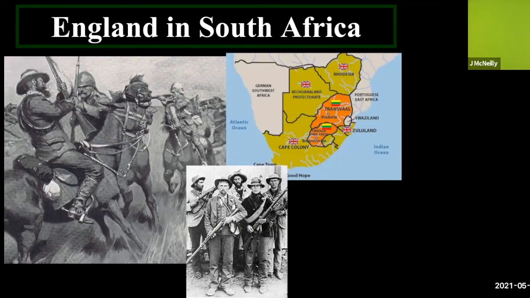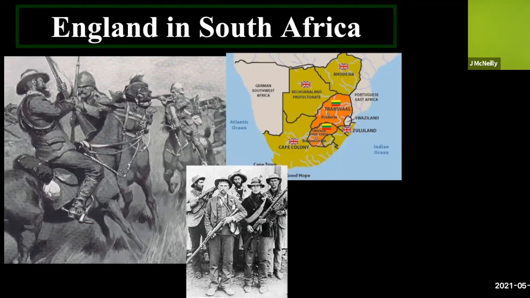From 1811 until 1858, the British are going to be fighting the Xhosa Africans, and again, the British are going to win in that war. Similarly, in the 1870s, the British are going to be in conflict with the Zulu in the Anglo-Zulu War. Again, like with the Boer Wars and the war against the Xhosa people, the British are going to win in those conflicts. So they are going to claim that territory for themselves.